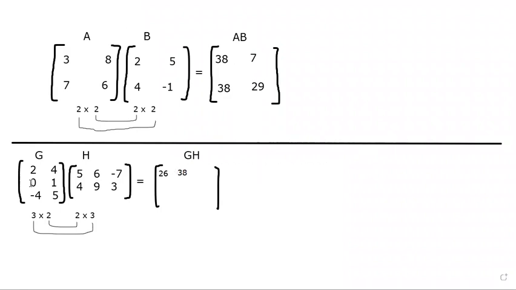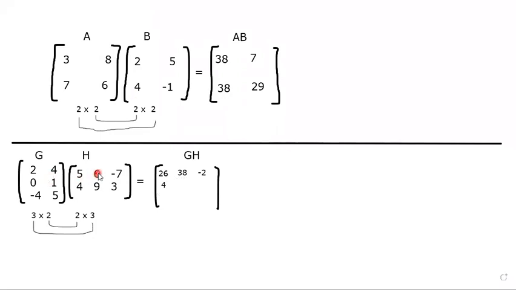Okay, and now we go 2 times -7 plus 4 times 3. That is -14 plus 12, which gives us a -2. That takes care of that first row. And we just repeat the process here. 0 times 5 plus 1 times 4. 0 plus 4 is 4.